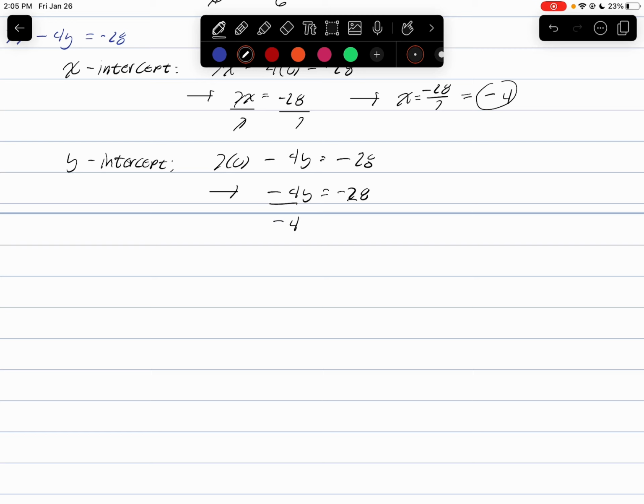So we can divide both sides by negative 4, and we'll have y is equal to negative 28 divided by negative 4. If you divide a negative number by another negative number, you're going to get a positive number. 28 divided by 4 is 7. So our final answer is just going to be 7.